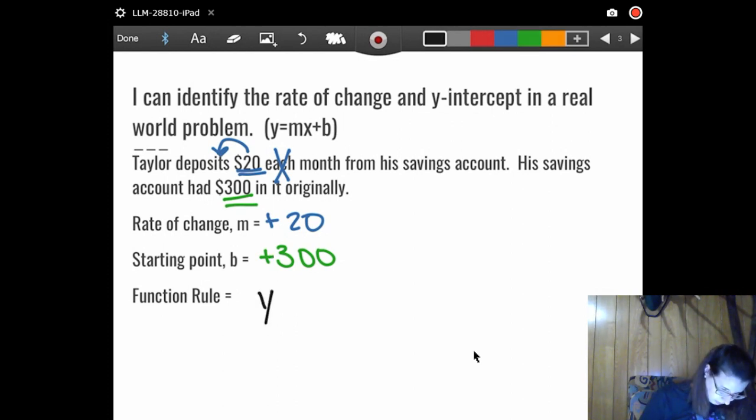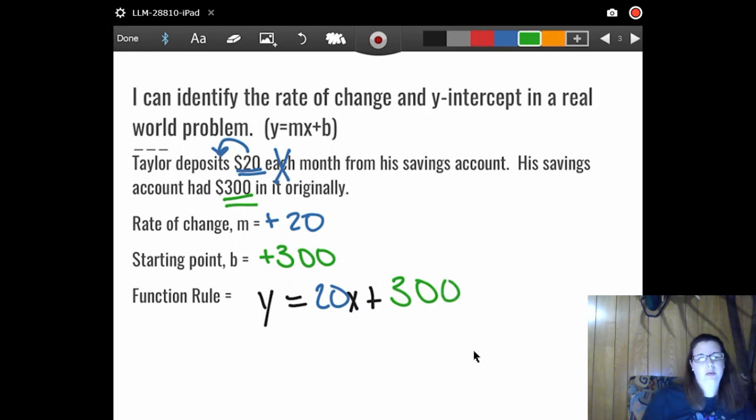So we're going to rewrite our function rule, y is equal to mx plus b. Our m is a positive 20, so it's going to be 20x, and our b is 300. And so we rewrite the function rule as such: y is equal to 20x plus 300. You ready to try it again?